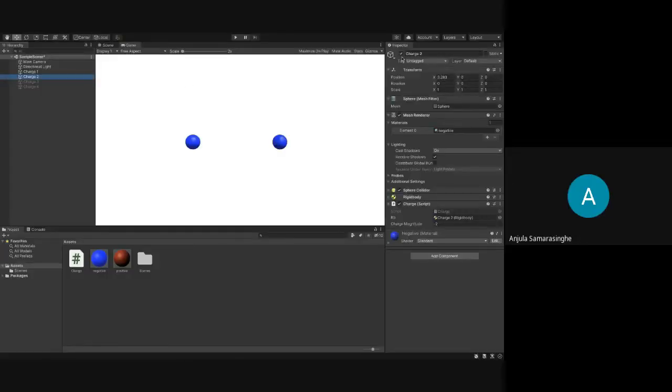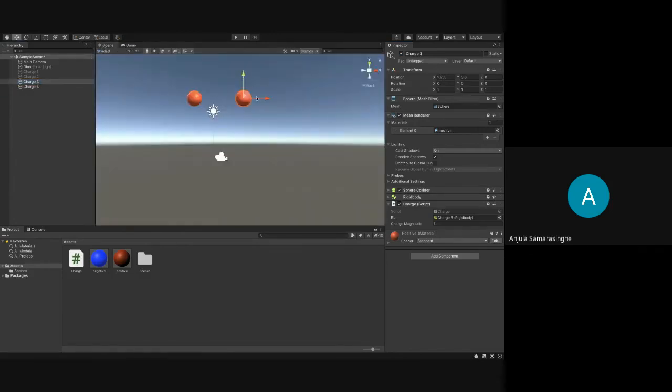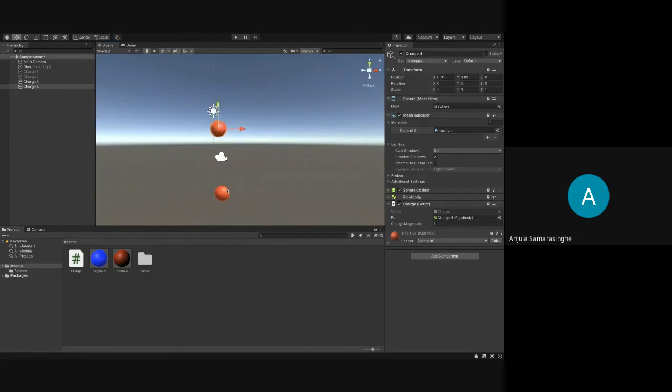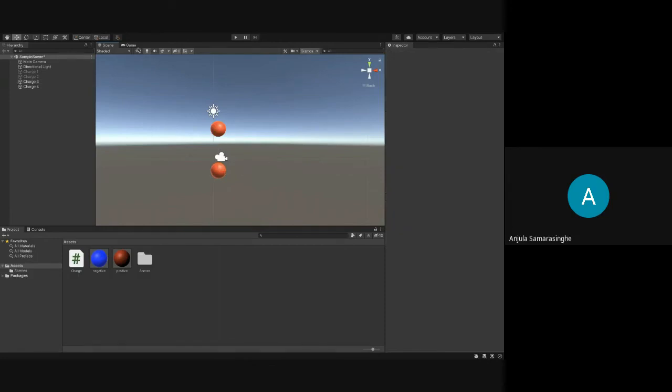Now let's try two positive charges. Let me get my positive charges. I said that I have used red for positive charges. Let's keep them closer to each other so you can see it better.